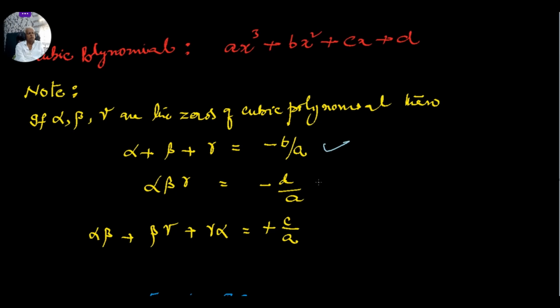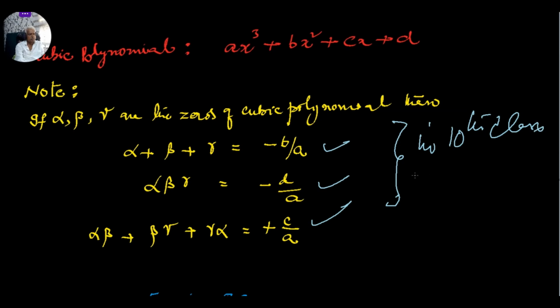Alpha beta gamma is minus d by a. Alpha beta plus beta gamma plus gamma alpha, taken 2 at a time, is plus c by a. So just remember, in 10th class this is not important.